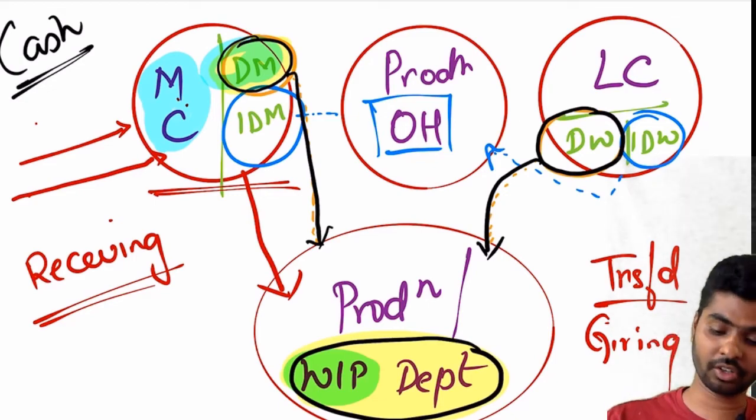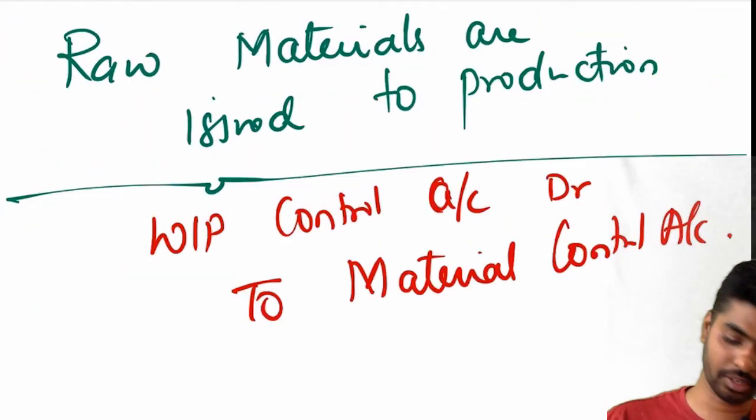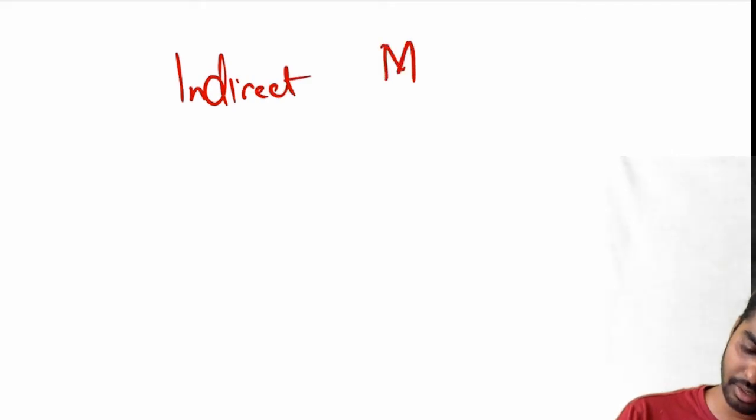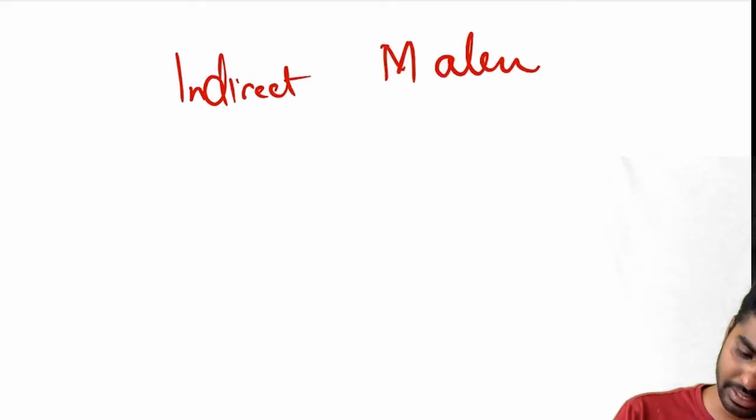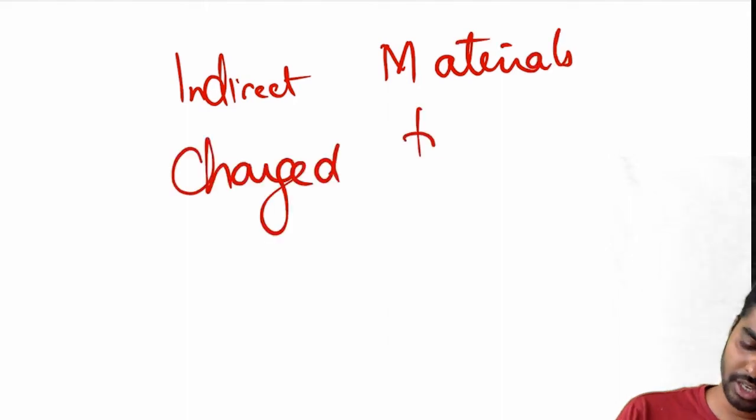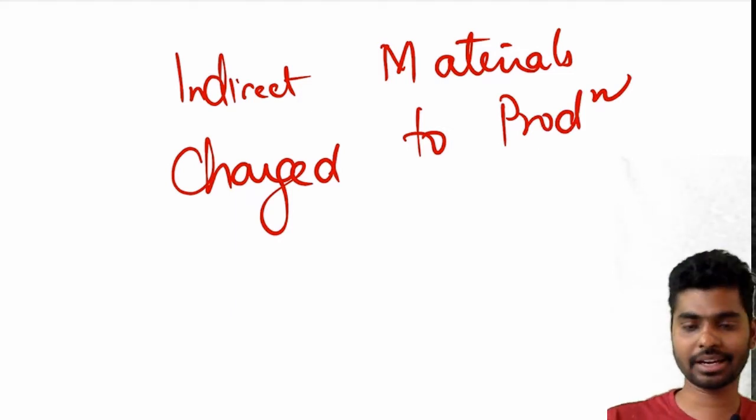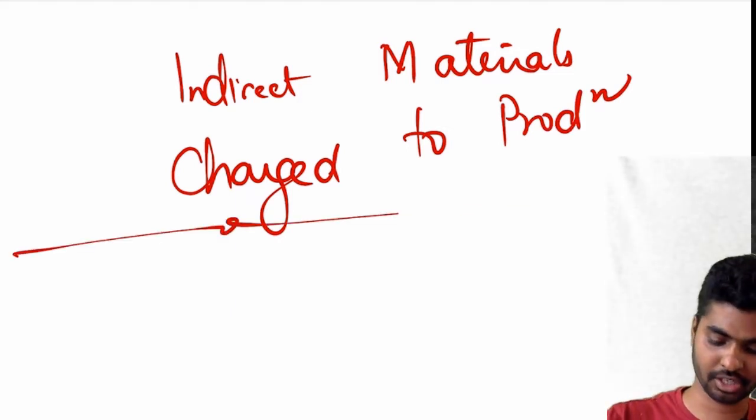Now I want you guys to tell me the third one. Indirect materials charged to production.